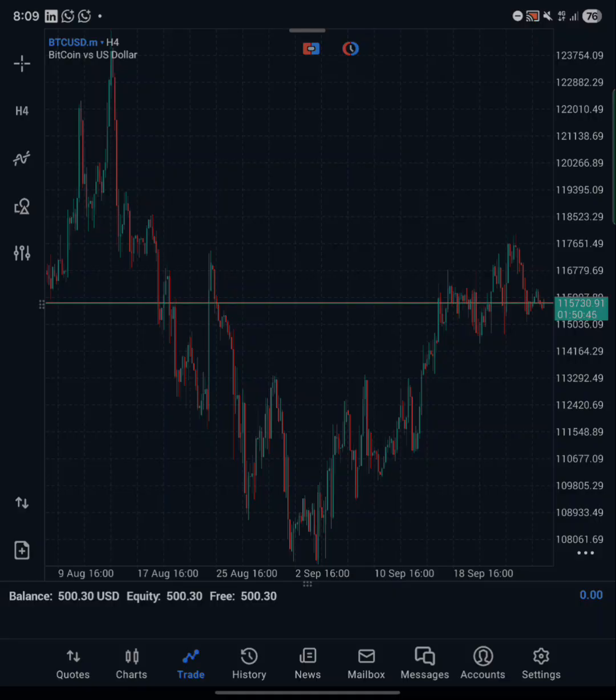Your equity determines the amount of money that will be there when you close the particular trade you are in. If $500 is in your balance, then your equity is probably $530, and you close that particular trade. Your balance will now turn to your equity. It will now turn to 530. All of them will be 530. So this is just how it is.